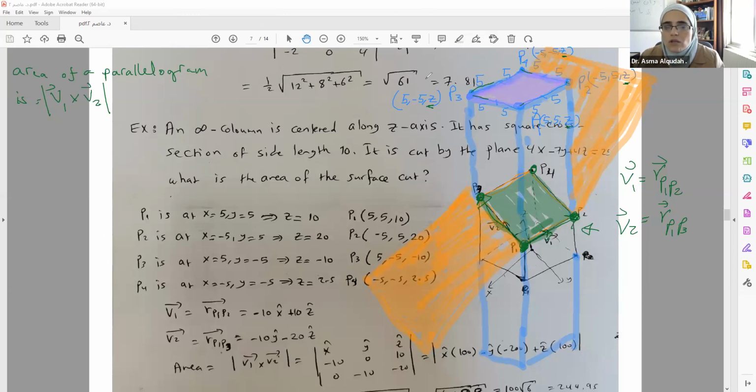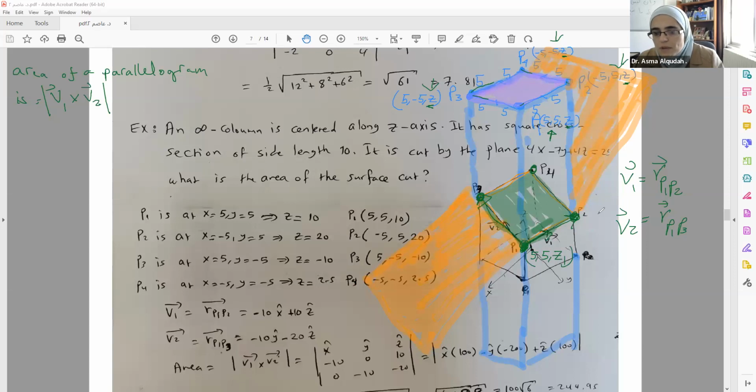Each of these points will take its own height or its own z. Okay, so we use the same coordinates as these points, but we have to modify or change the z component. So the new components of the 4 points will be like this. P1 is equal to 5, 5, and we call Z1.